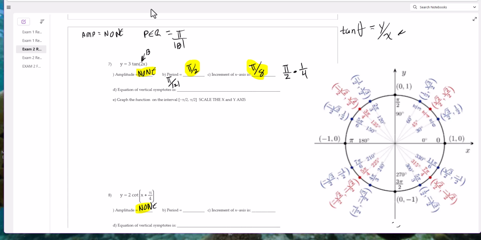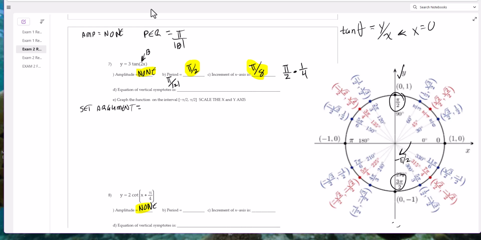So x equals 0 at pi over 2, x equals 0 at 3 pi over 2, and also remember that's negative pi over 2. So what you do is you set what we call the argument equal to where the tangent's undefined on the unit circle.